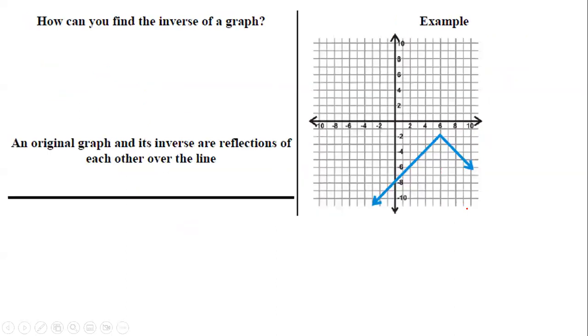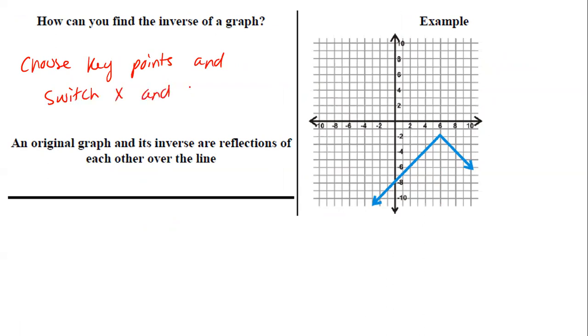Now we're going to look at it from a graph. Okay? It's just as easy. So on the graph, you're going to choose key points and switch their X and Y values. So notice here, we're at 6, negative 2.